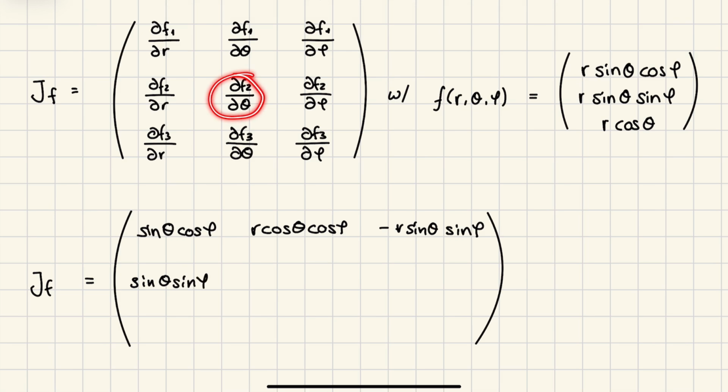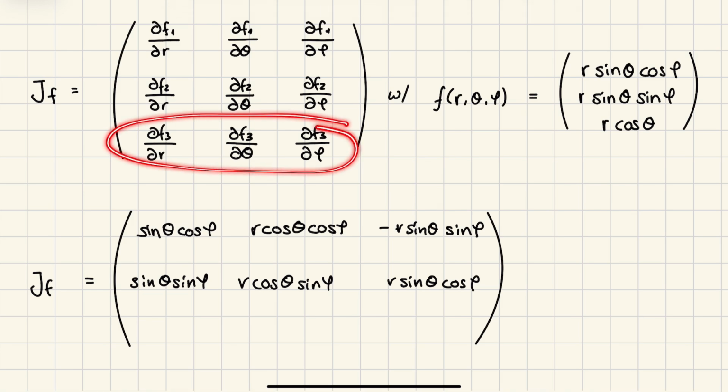Differentiating it with respect to theta means that these two are treated as constants now, and the derivative of sine theta is cosine theta. So we get r cosine theta sine phi, and differentiating the second component with respect to phi gives us r sine theta cosine phi.